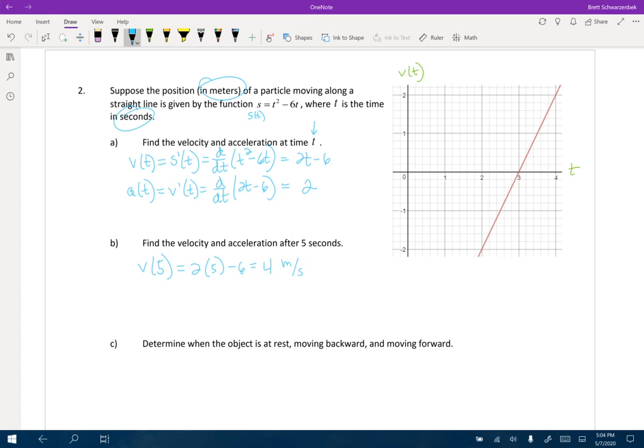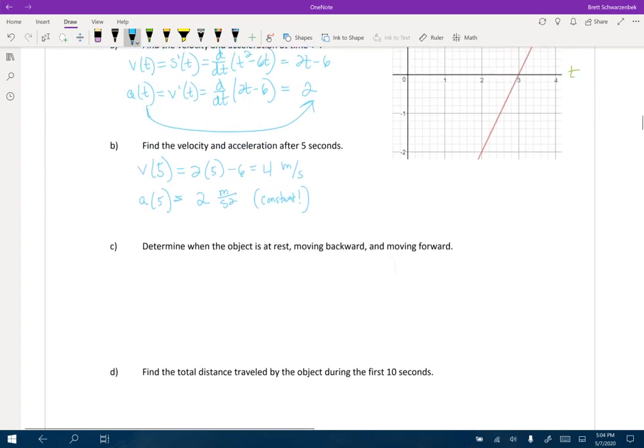And for a of 5, some students will get stuck here, but note there is no t to plug into. That's because it's constant no matter what t is, so the result is 2 meters per second squared. So if you want to make a note, it's constant here.